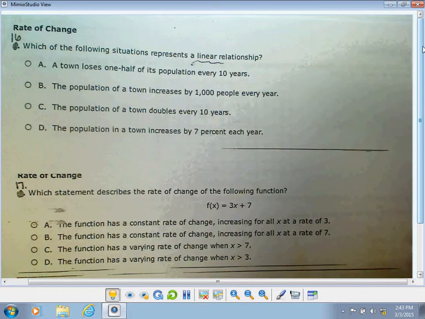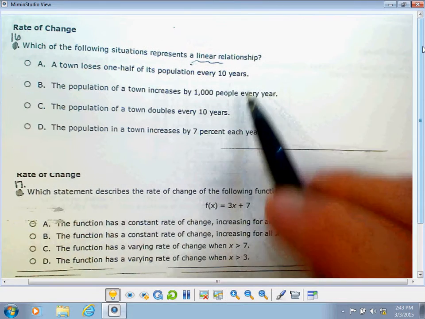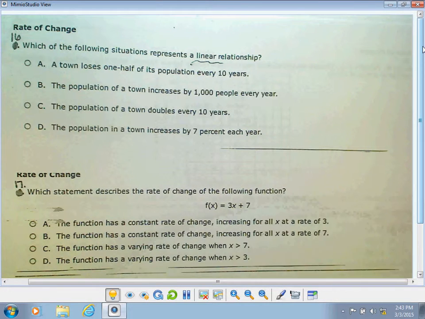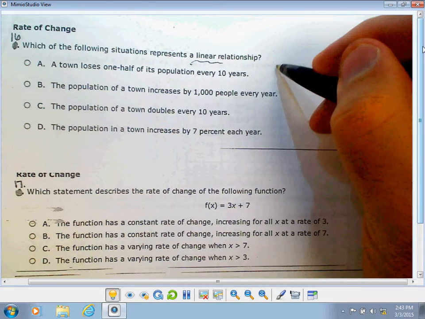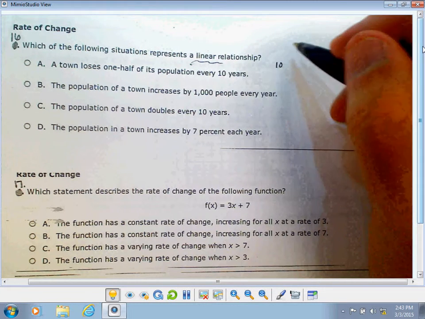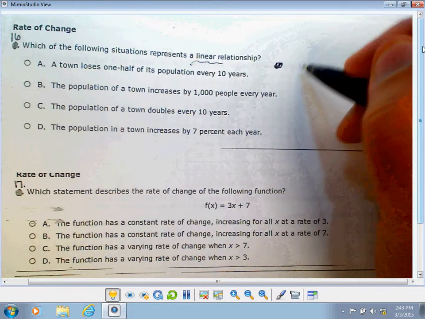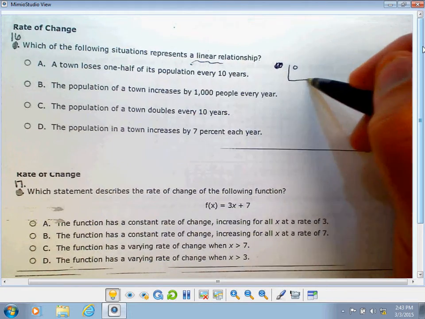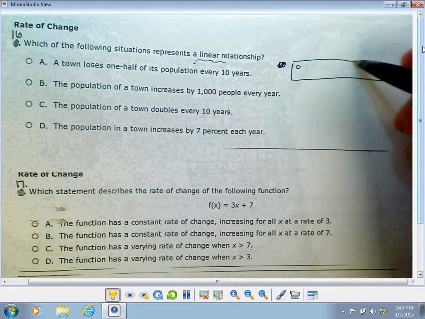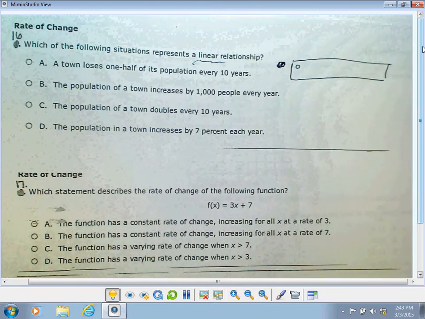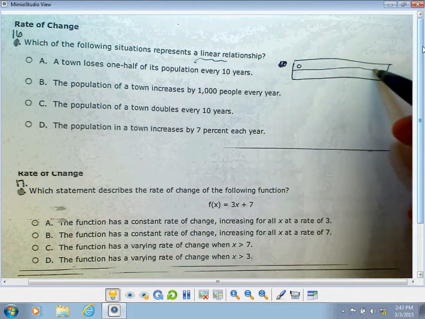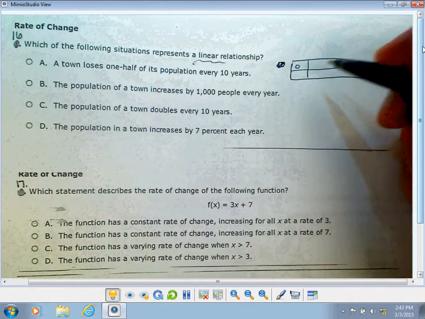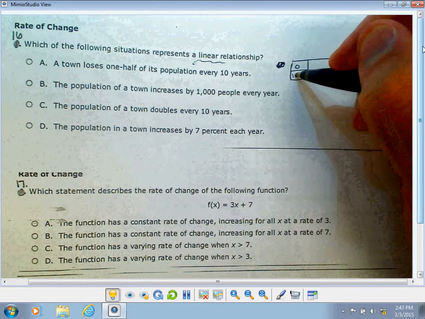Alright, let's say a town loses 1/2 of its population every 10 years. Okay, if we made a quick chart of what was happening there, right? I'm making a quick chart so you can see what this would look like. So at 0 years, let's say that population was 1,000 people.